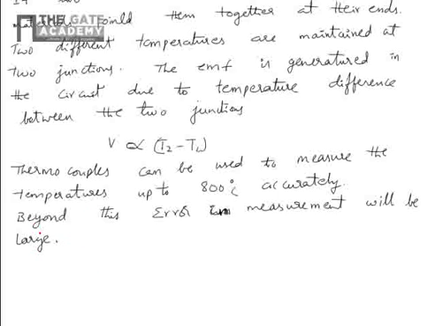Now, how do we get the potential difference? Suppose the difference between the temperatures T1 and T2 is 100 degrees centigrade, and the voltage reading shows 5.